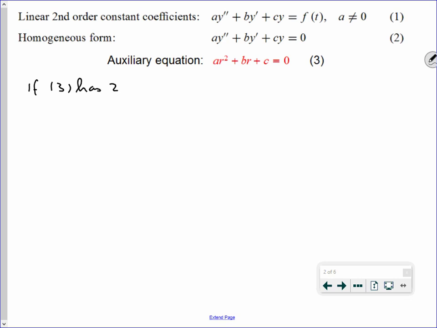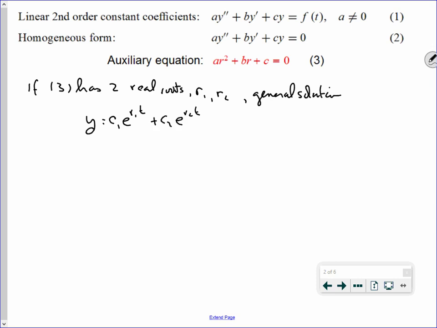And we had the following sort of things. If the auxiliary equation has 2 real roots, r1 and r2, and I'm just writing down what I had the other day, then a general solution is y equals C1 e to the r1 t plus C2 e to the r2 t.